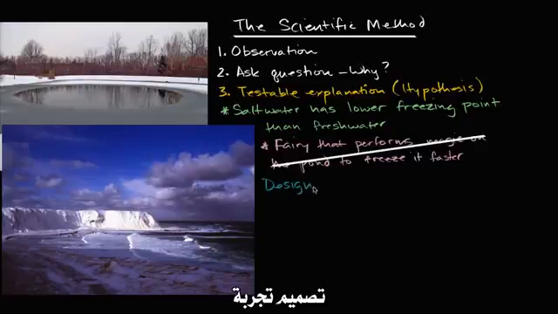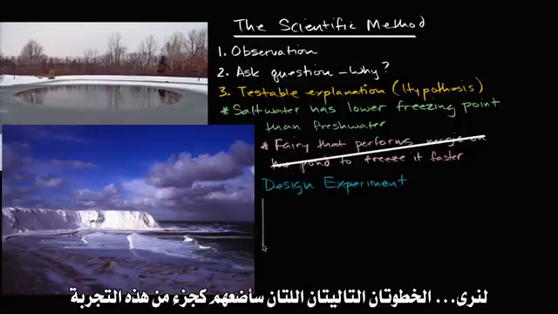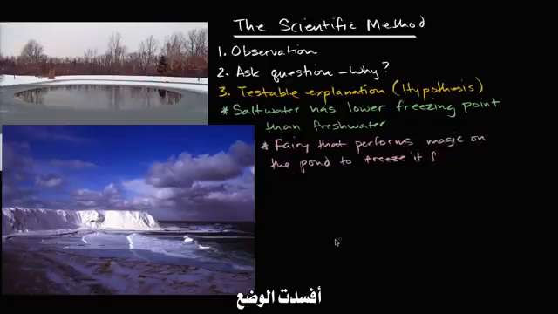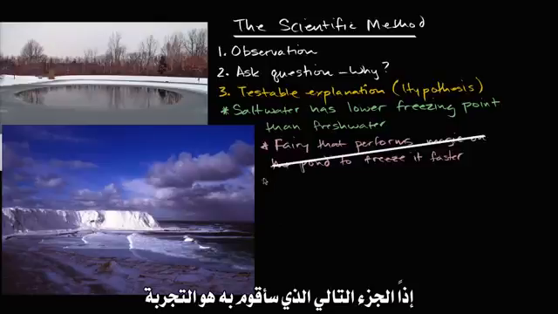Design an experiment. And the next two steps I will put as part of this experiment. Whoops, I messed up. I did my undo step. So the next part that I will do is the experiment.